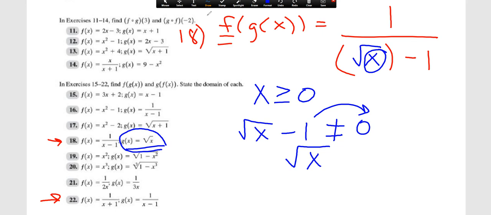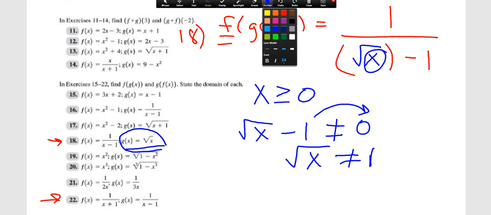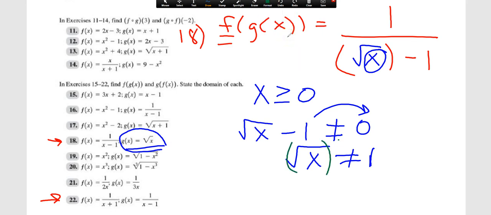All right, now, if you add the 1 to the other side, that means the square root of x cannot equal 1. And then what do you do to get x by itself? You square both sides, right? If only we knew what 1 squared was. Oh my goodness. Take the dagger out of my chest.